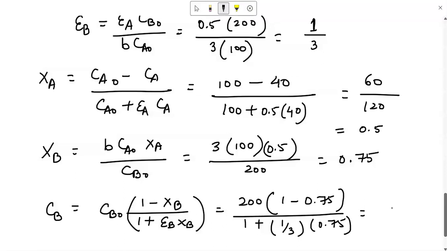This gives us a Cb value of 40 units. So this is how we have found, for the isothermal gas phase reaction, the values of Xa, Xb and Cb for our problem statement. That is it. Thank you.